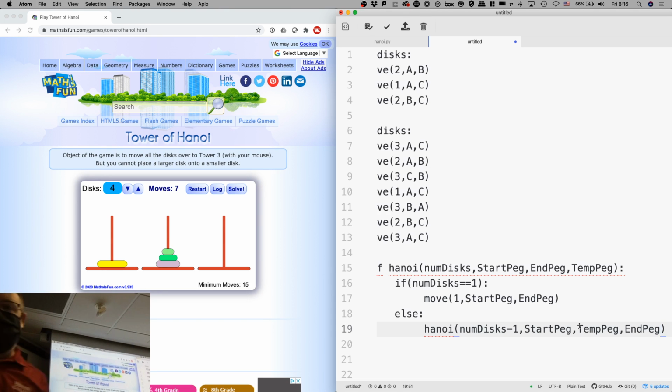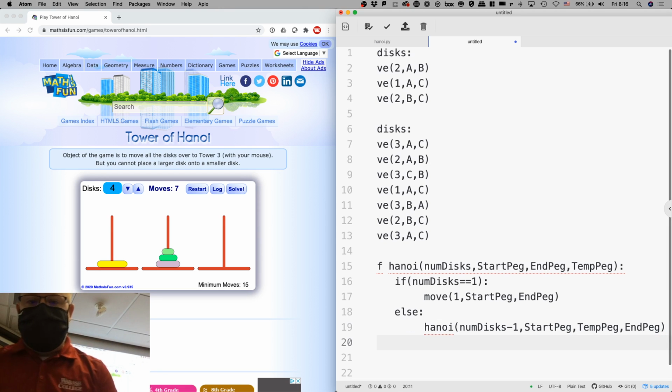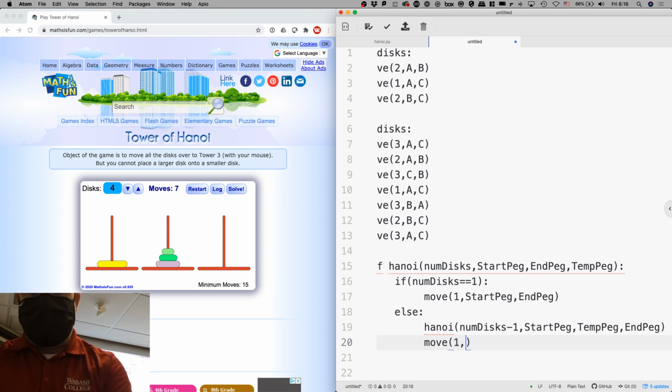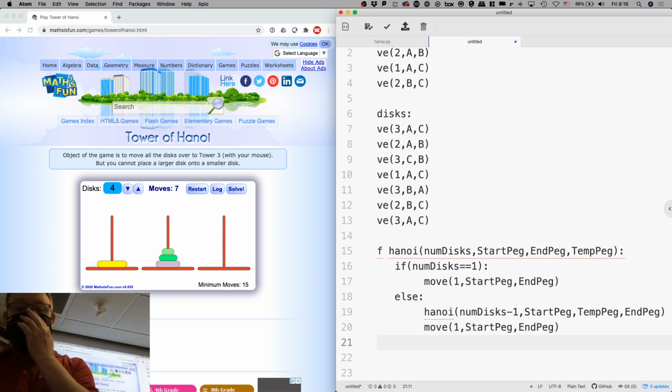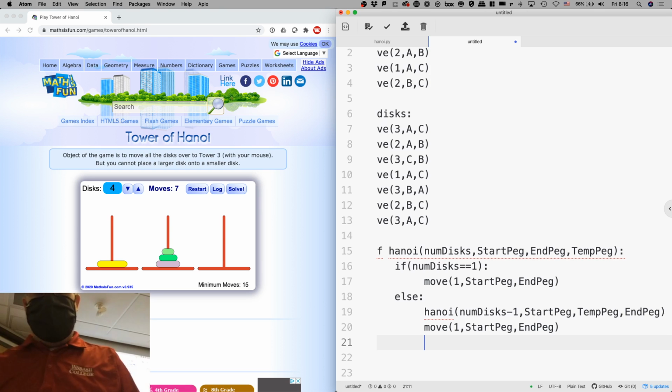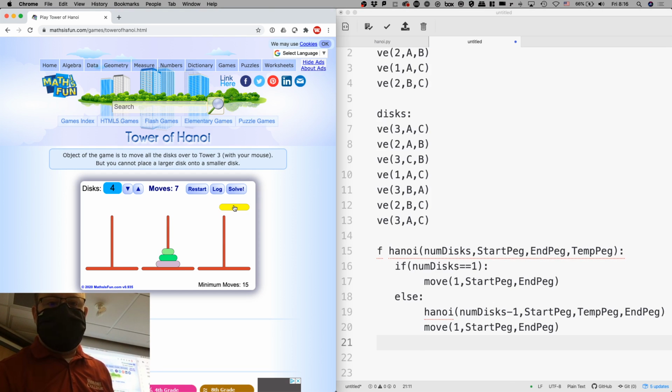Okay. And then what do I need to do? I need to move the single disk, which would be 1 from start peg to end peg. That would be moving the disk at the bottom. All right, then what? Now I'm in the situation like here.